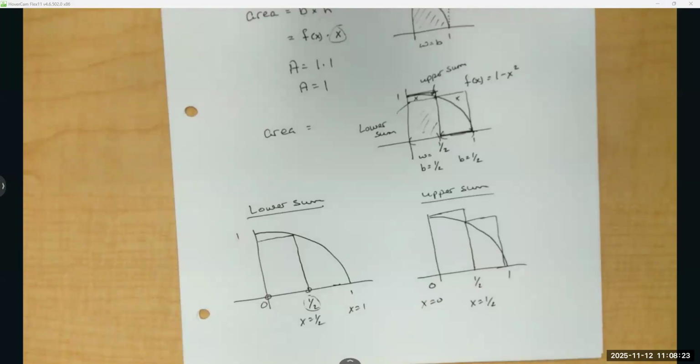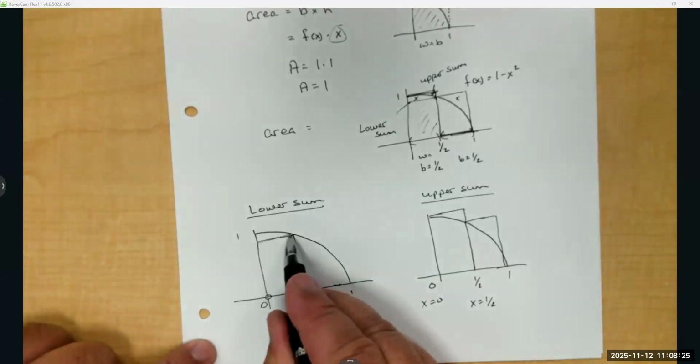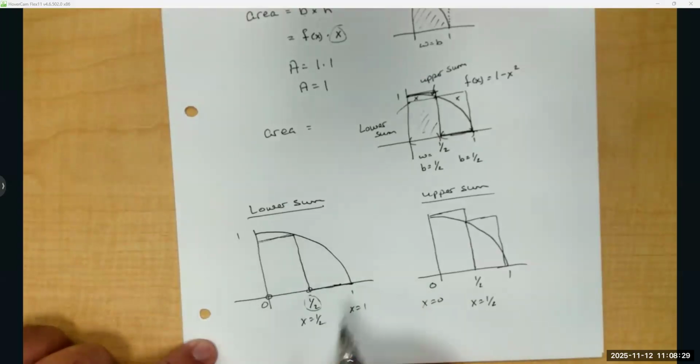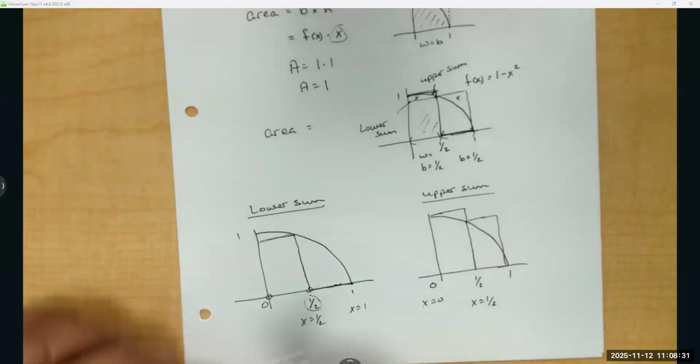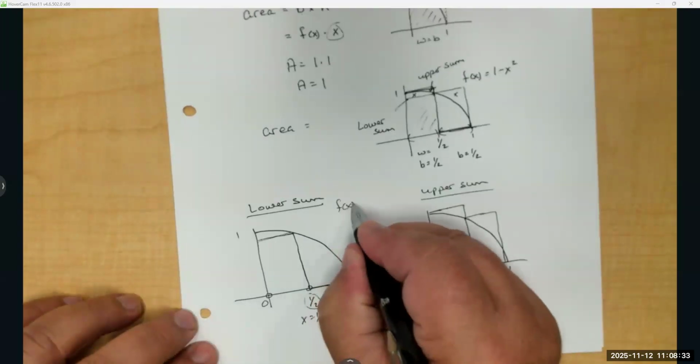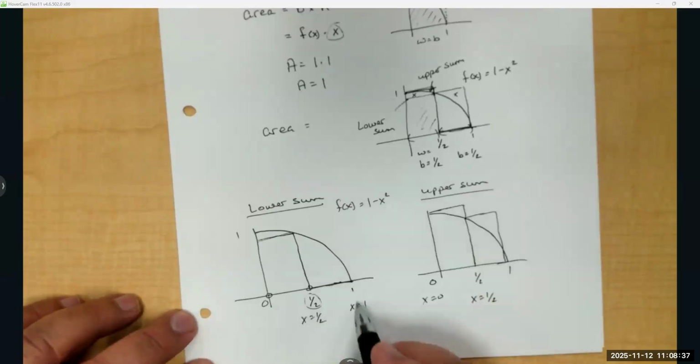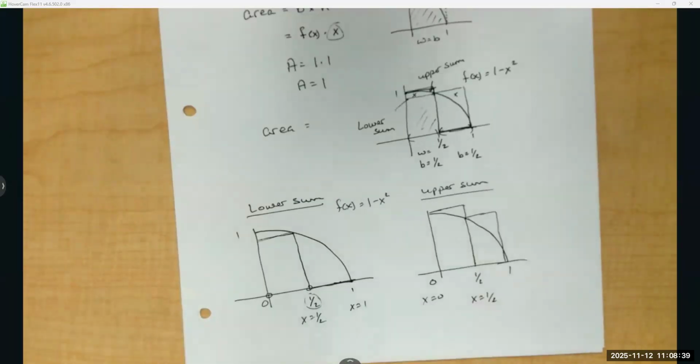The problem with that is, we can find the area of this, but when x is 1, it's 0. Why? Because remember, our function is 1 minus x squared. 1 minus 1 gives us 0. So our height is 0.